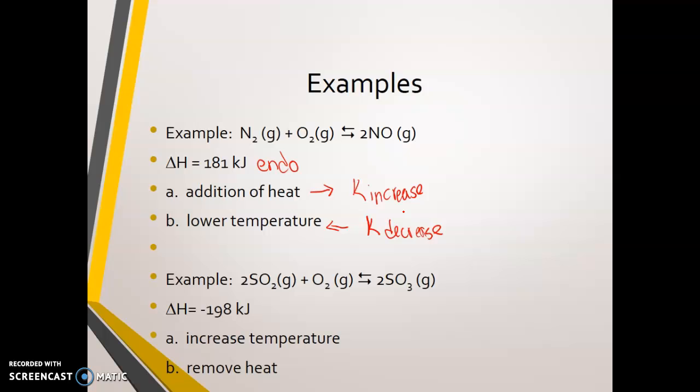And then in the reaction of 2 sulfur dioxide reacting with oxygen to form 2 sulfur trioxide, our delta H is negative 198 kilojoules. So we have an exothermic reaction.